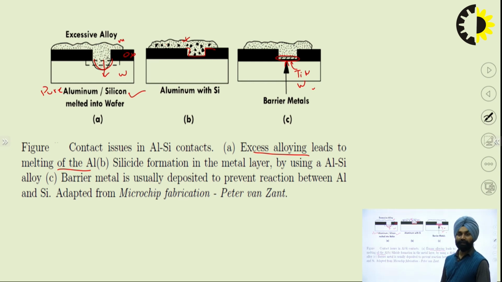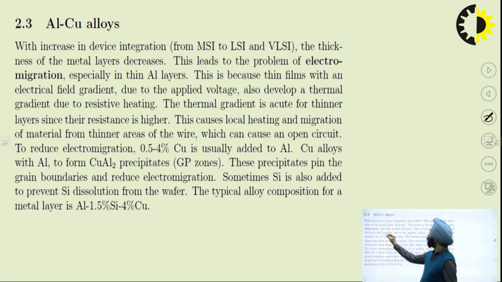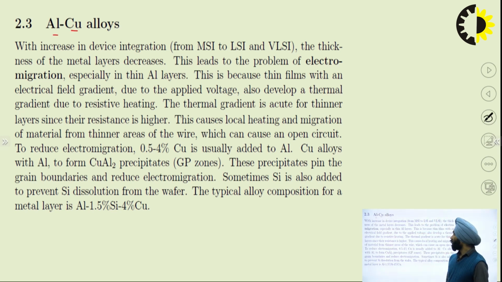The third possible way of metallization is using aluminium or copper alloys. Aluminium copper alloy is required because of the high integration.